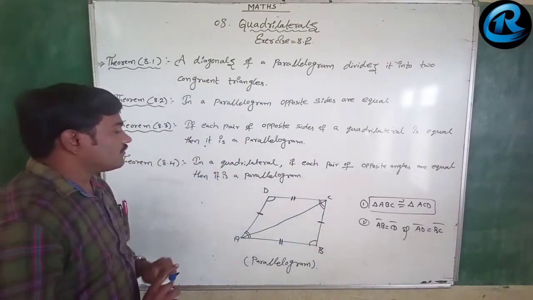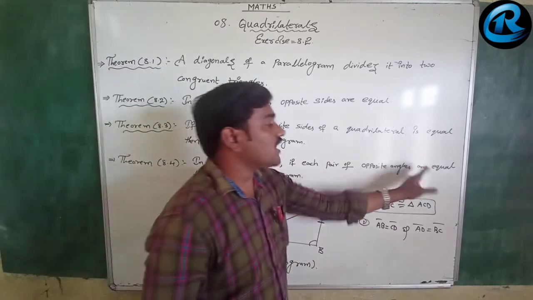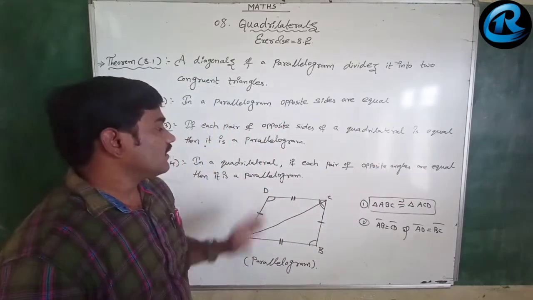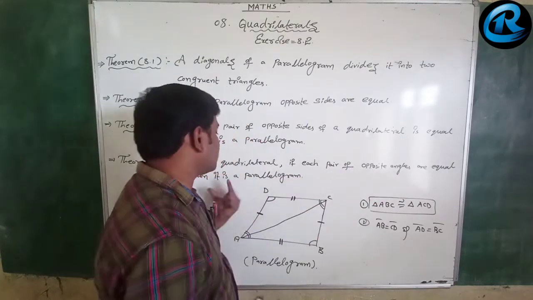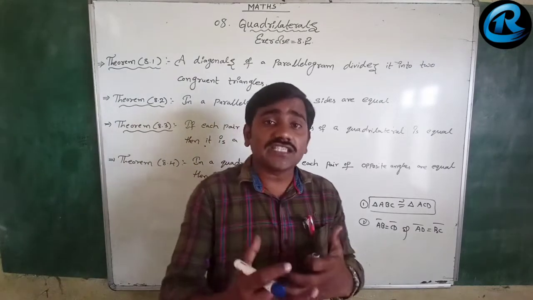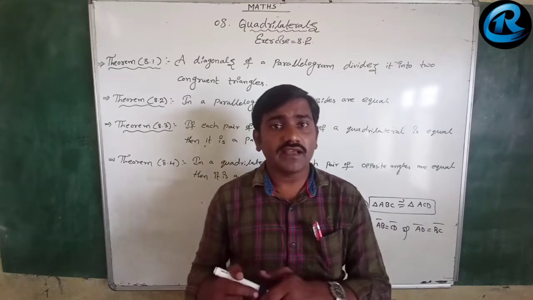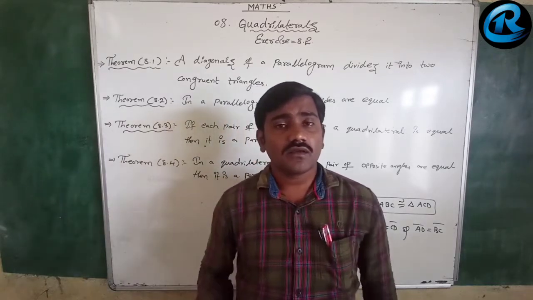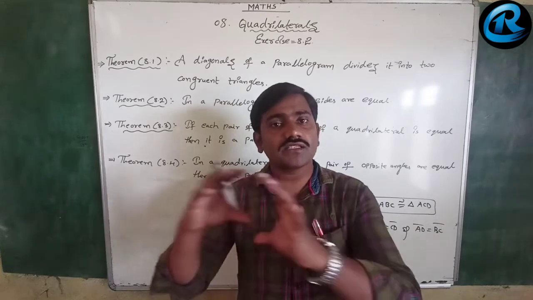Then theorem number 8.4. In a quadrilateral, if each pair of opposite angles are equal, then it is called a parallelogram. Not only opposite sides, if opposite angles are also equal, that is called a parallelogram. In upcoming questions, in the next exercises, if opposite sides are equal, directly we can write it is a parallelogram.